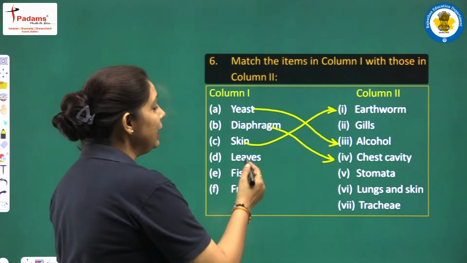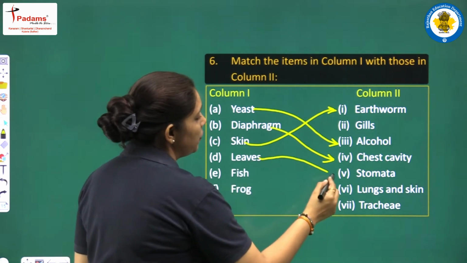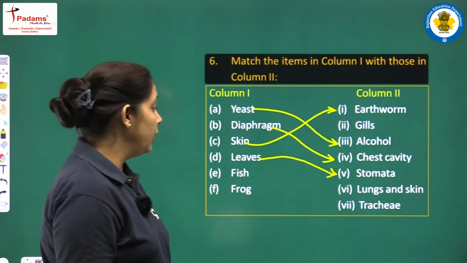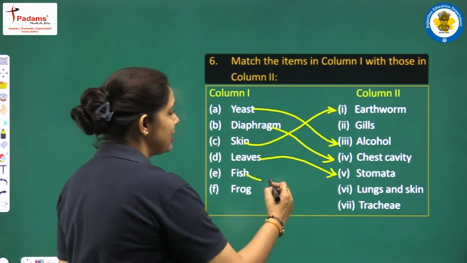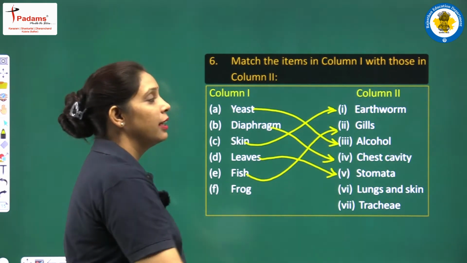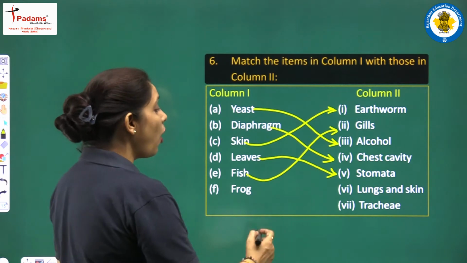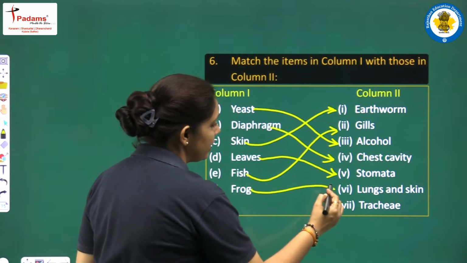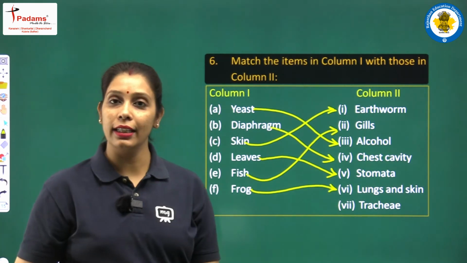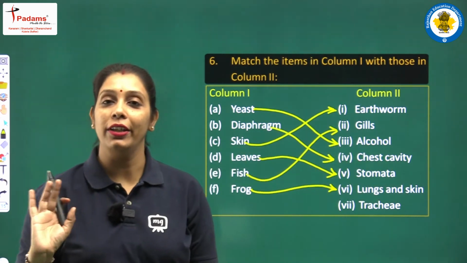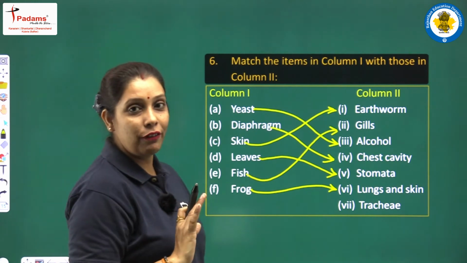Okay. Leaves. Yes, leaves respire with the help of stomata. Okay. Next, fish. Fish is having gills, the respiratory organ in fish. Okay. Frog. Yes, frog is having lungs and skin. Okay. And the last option, it will remain here. Is that clear to everybody?